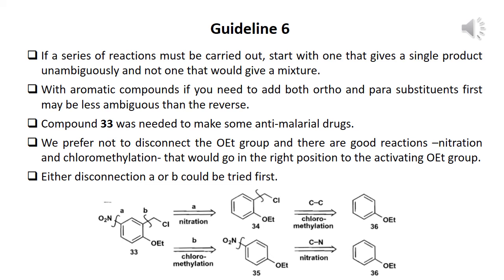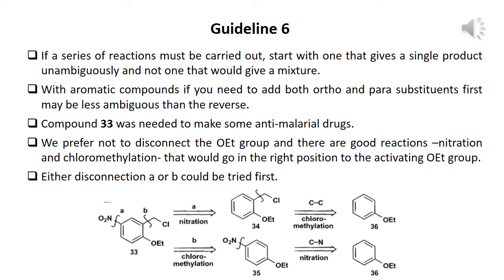And in the case of A, 34 can be made by the chloromethylation of 36. 36 is commercially available. So we can do the chloromethylation of 36 to get 34, and then we can get back 33 by nitration.